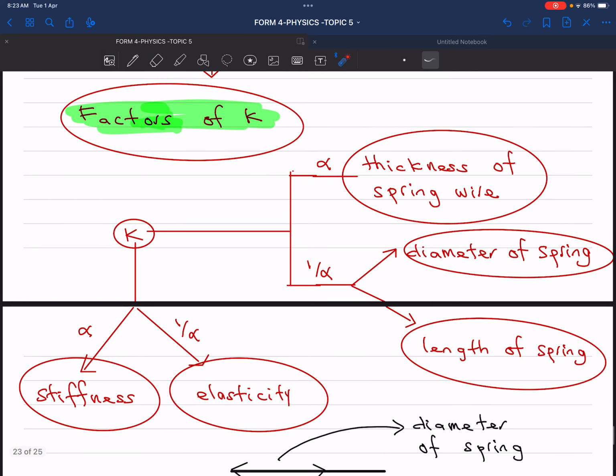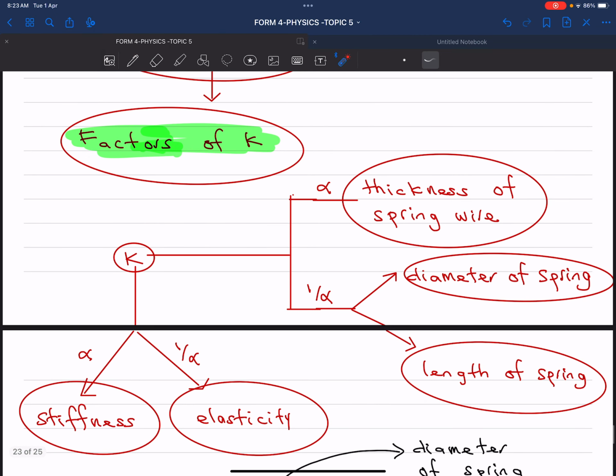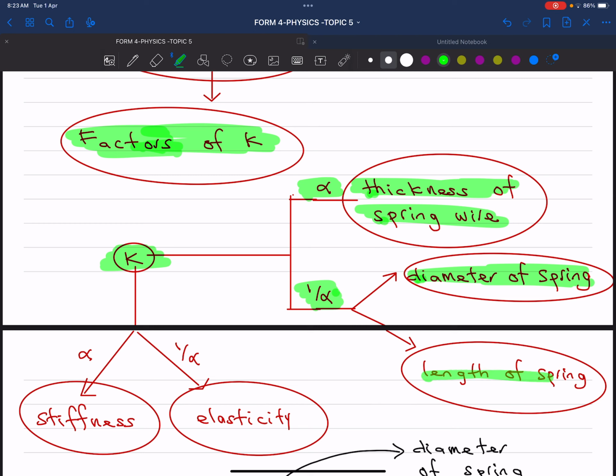K is directly proportional to the thickness of the spring wire, inversely proportional to the diameter of the spring, and also inversely proportional to the length of the spring.